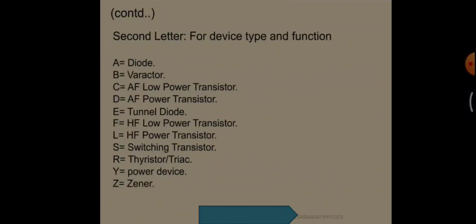Second letter, device type or function: A diode, B varactor, C AF low power transistor, D AF power transistor, E tunnel diode, F HF low power transistor, L HF power transistor, S switching transistor or thyristor or diac, Y power device, and Z Zener.